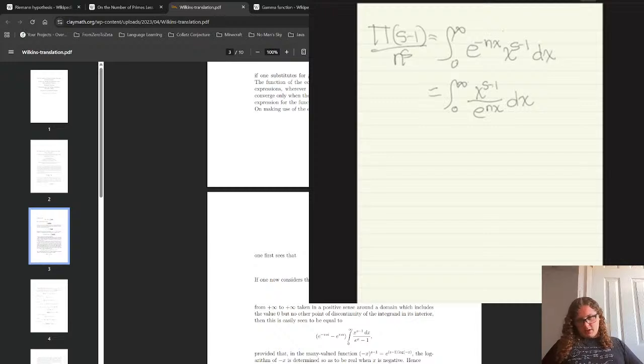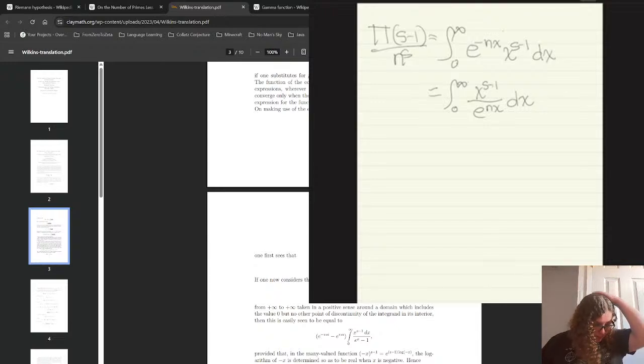Where is the minus 1 coming from in that second equation? Wait, hold on.